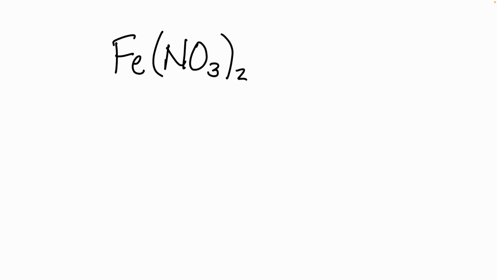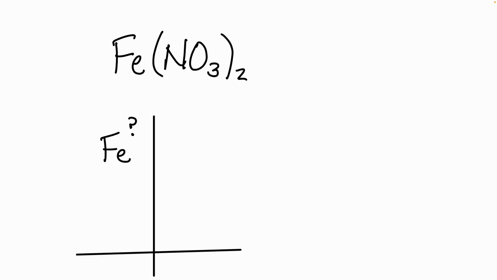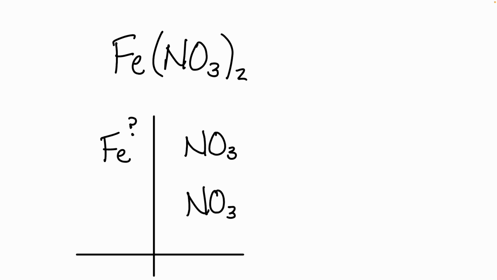Okay, so the problem here is that I do not know the charge on my iron ion. So we're going to have to use what we do know, which is the charge on my anion. We know that we have a nitrate ion here, not just one, but two of them, according to my formula. And this is something we just got to know.